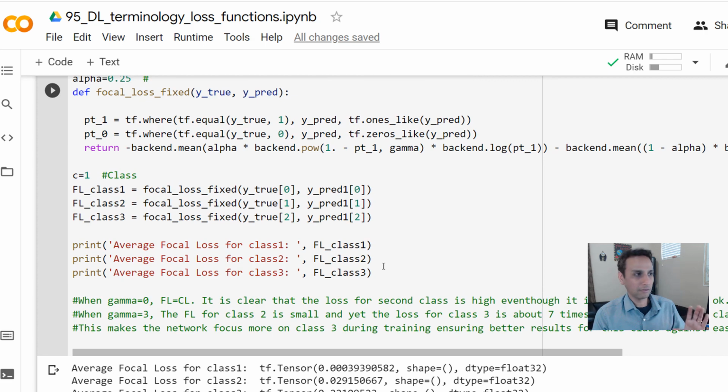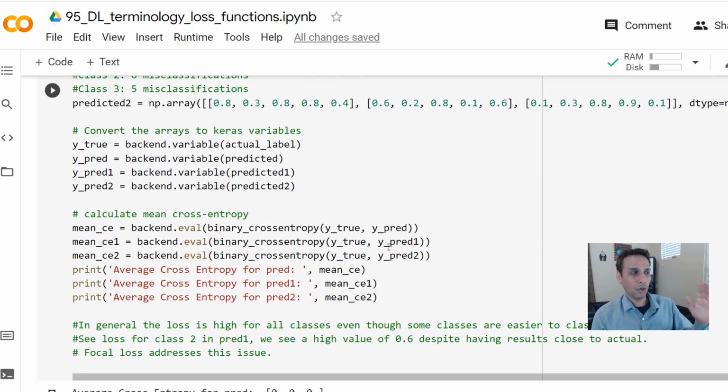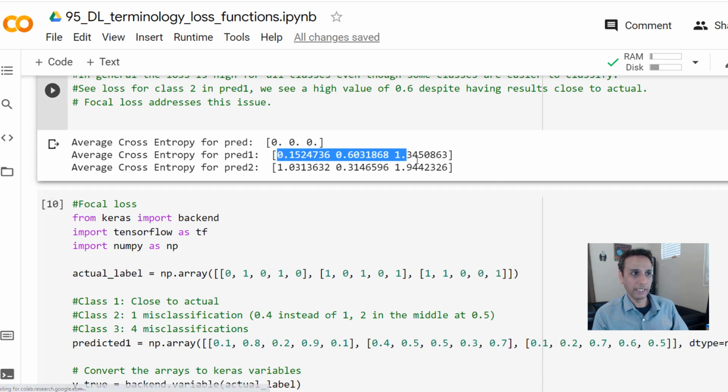So I hope I haven't confused you here. Again, let's take a couple of steps back. Cross entropy is giving us pretty good loss values for us to focus on each of these classes.